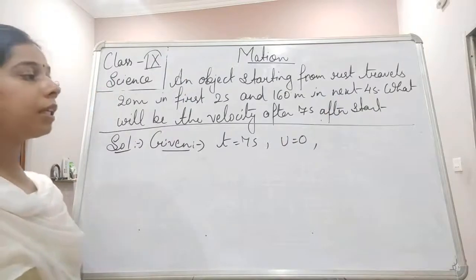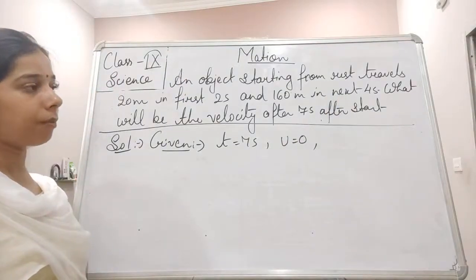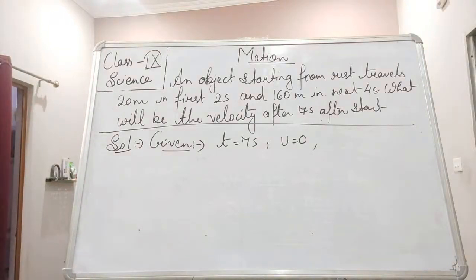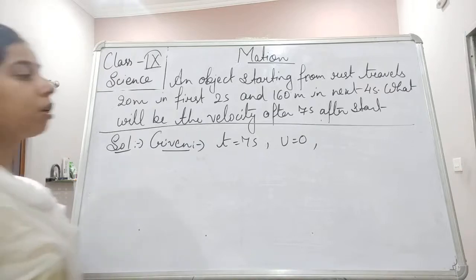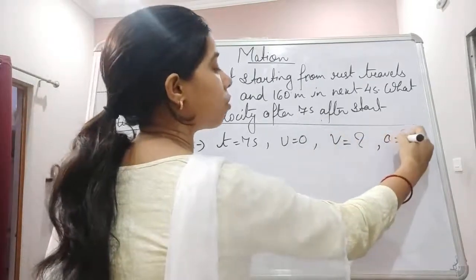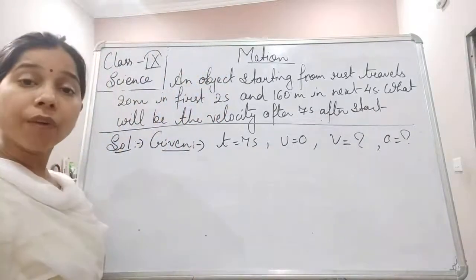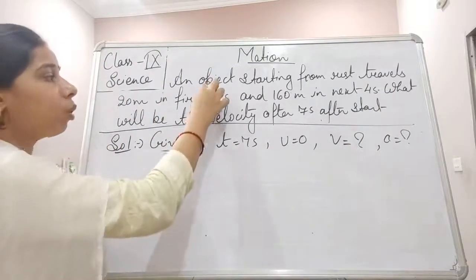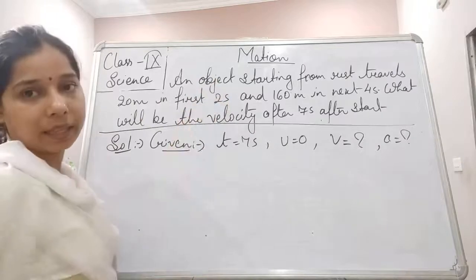The value which is needed for us, students, will be acceleration, because we have to find velocity, and acceleration is also not here. So, how will we find the acceleration, students? We will see both of the cases and try to find the acceleration.